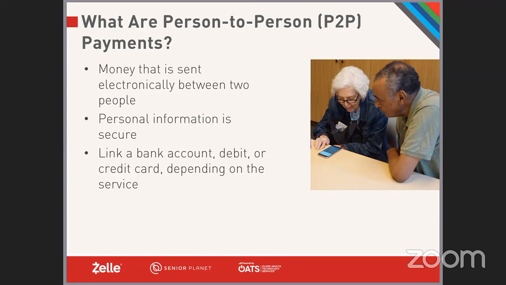The personal information stays secure. It's encrypted in a similar way to the same way banks encrypt your info. And just to let you know, the word encryption, you'll see that a lot when banks talk about the kind of security that they use.